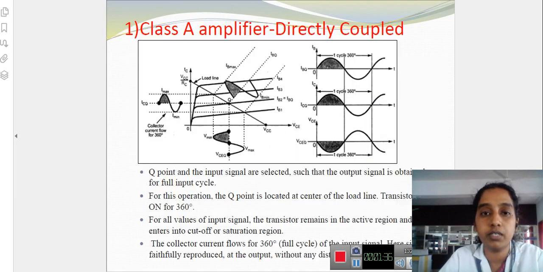Looking into it further, what is a class A power amplifier? Here in class A we have two types. First is the directly coupled, and the other one is the transformer coupled.